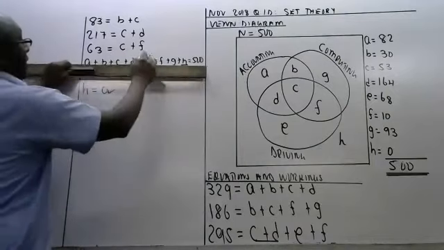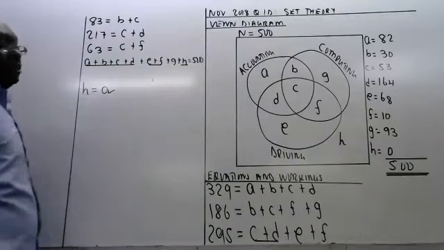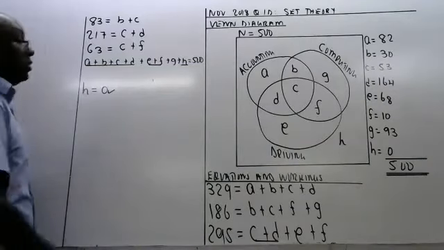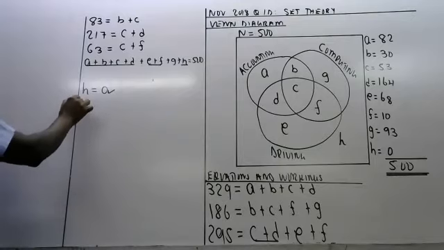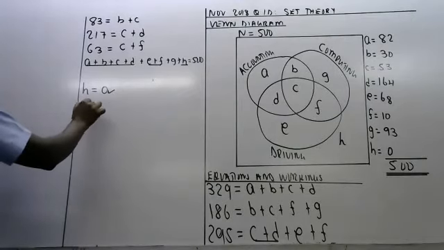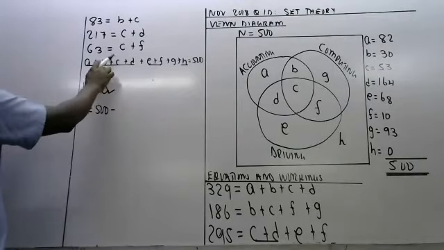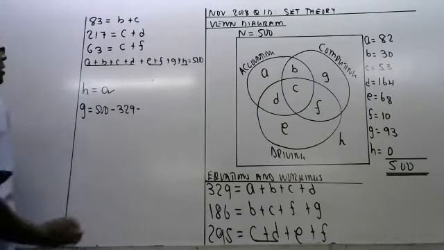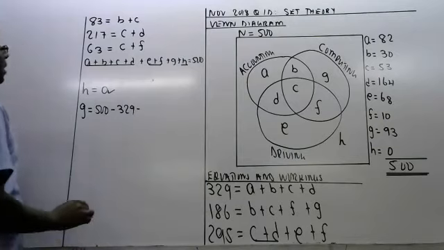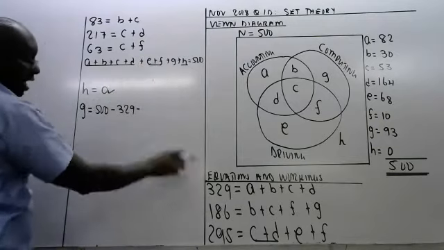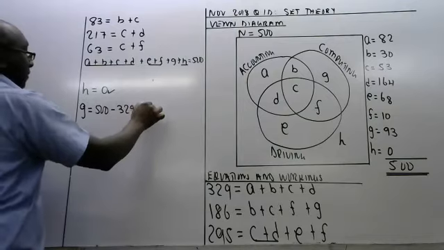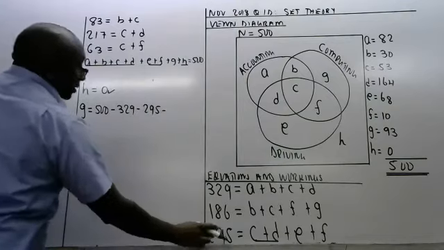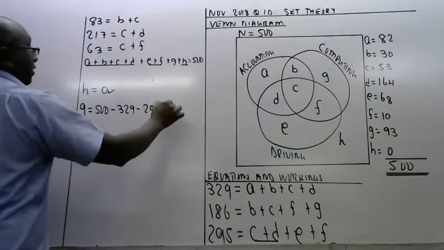So we can come here and say even EF is known. So we are left with G, and G should therefore be 500 minus this block of 329 minus this block of EF. EF should be 295 minus CD. CD is 217.